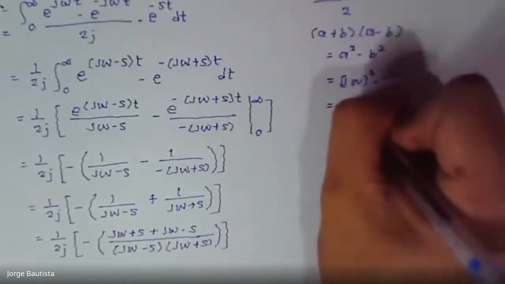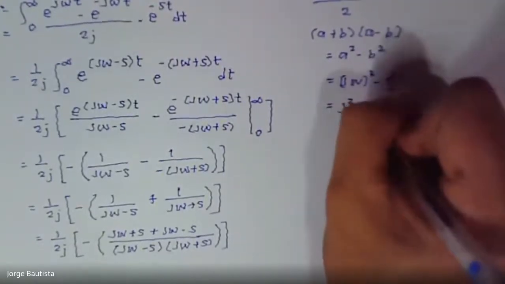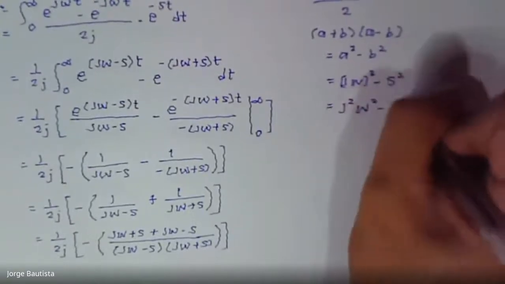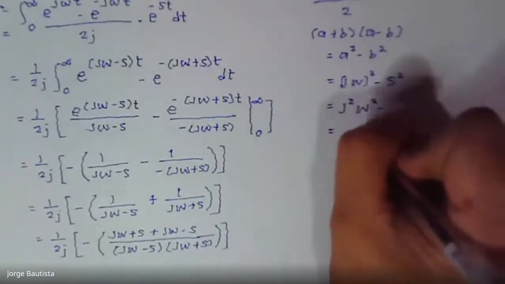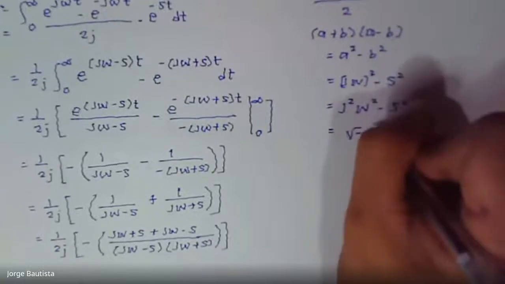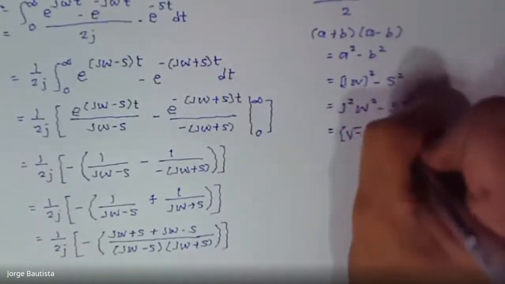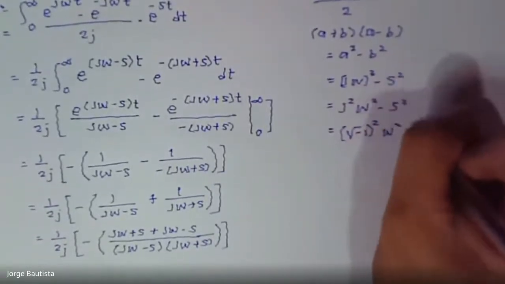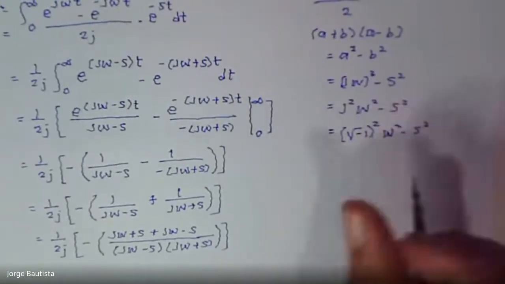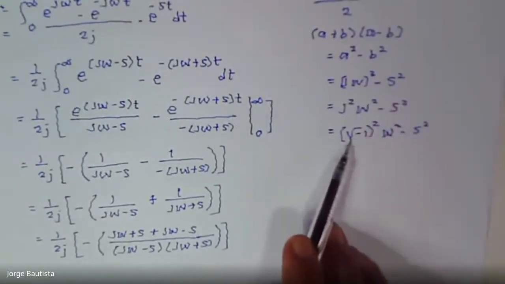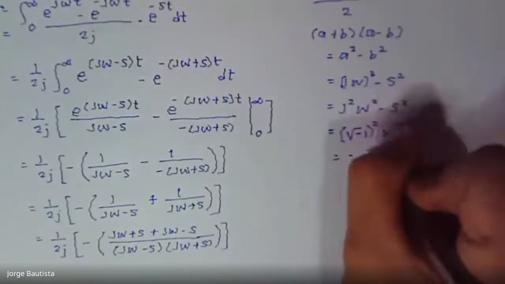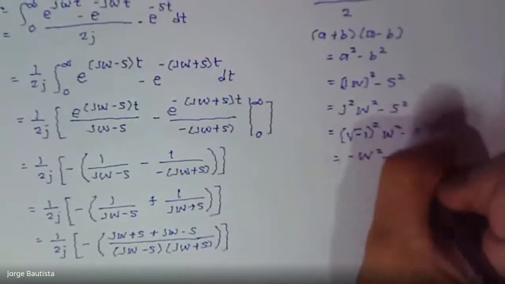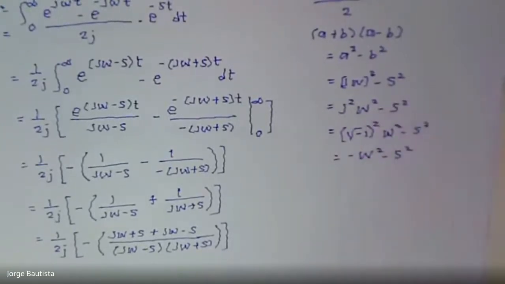Okay? So, that is J squared omega squared minus S squared. But what is J squared? Okay? J is square root of negative 1 squared omega squared minus S squared. Okay, so ito, square root of negative 1 squared is negative 1. So therefore, you have negative omega squared minus S squared.